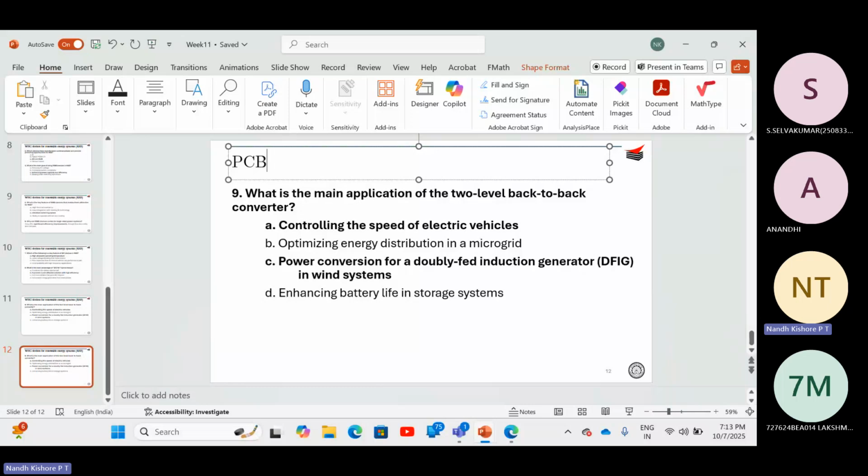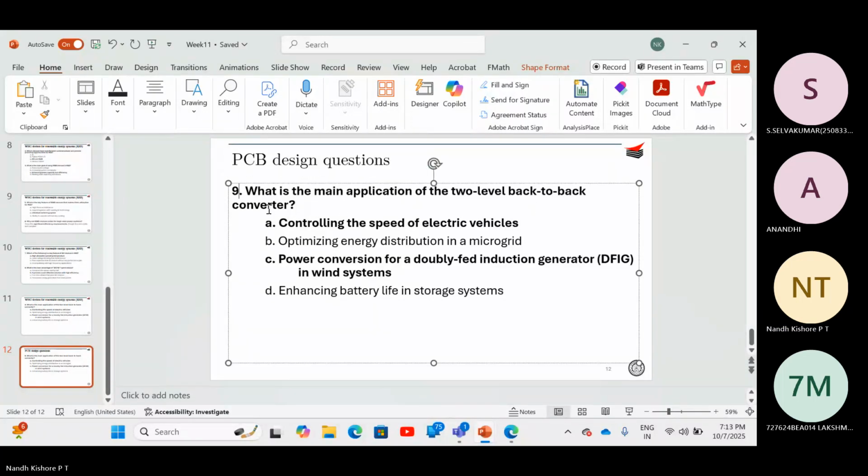So this would be PCB design. Okay, so corresponding to week 10, I guess, right? So PCB design.